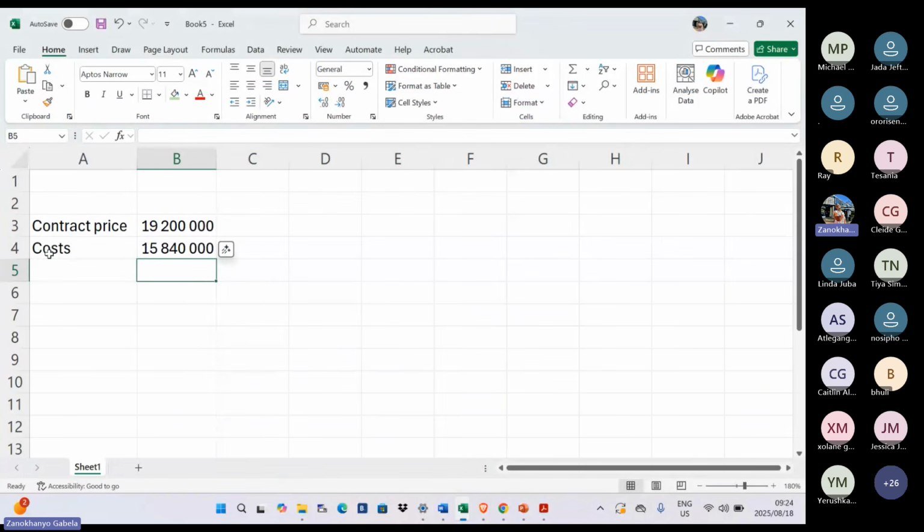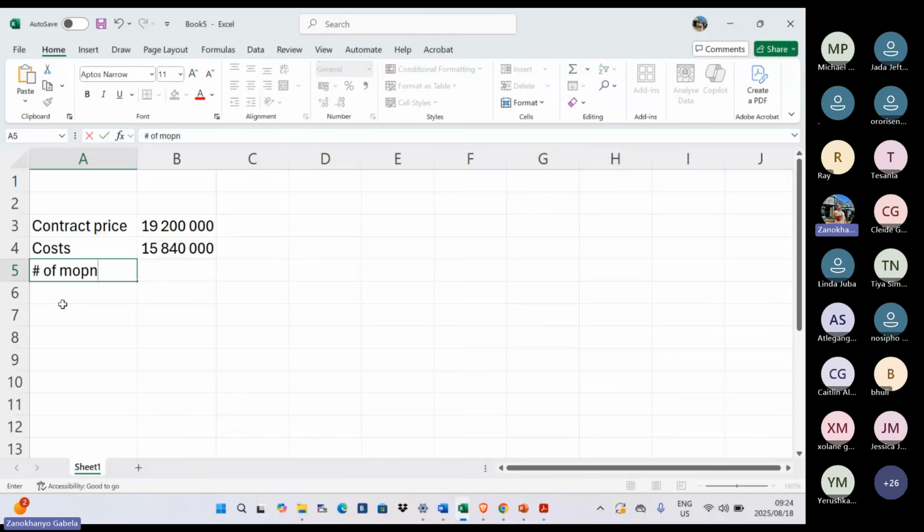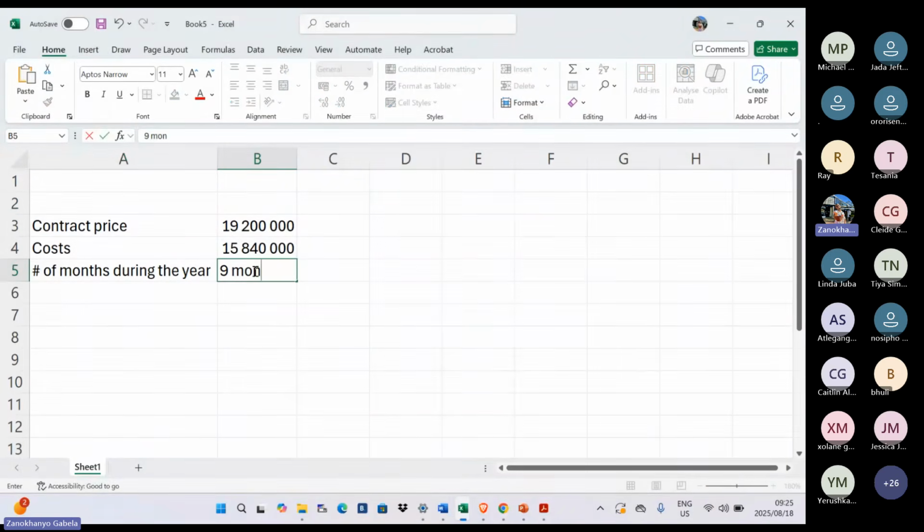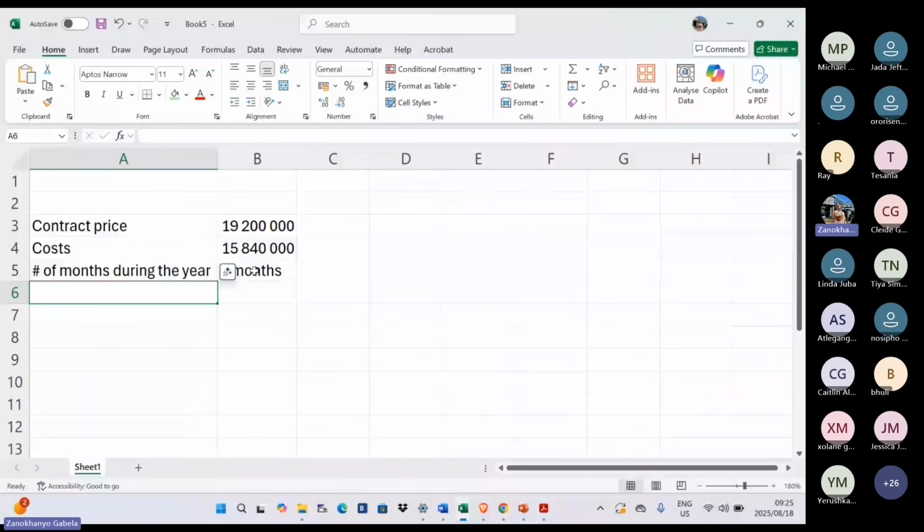Okay, perfect. And then we have the number of months during the current year. Remember, it said the work commenced on the 1st of April. So 1st of April to 31st of December, that's 9 months. And then the number of months in total in terms of the contract, they said it's 3 years. That means it's going to be 36 months. Okay, perfect.